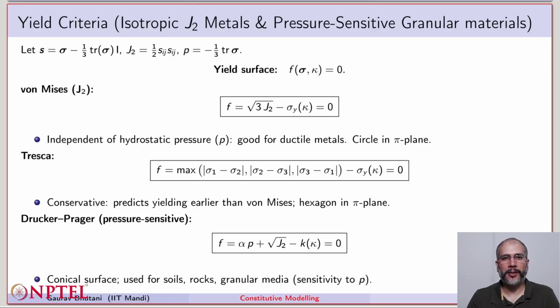And then another popular model, but this model is for pressure sensitive materials like soils, rocks, or granular materials, is called the Drucker-Prager model. And as you can see, the yield function f, the yield surface, in this case also depends on the pressure value.